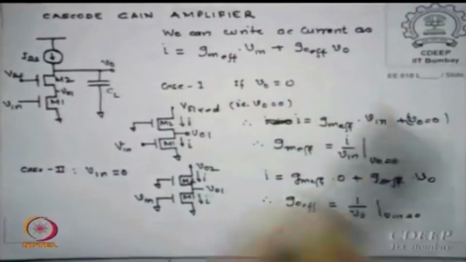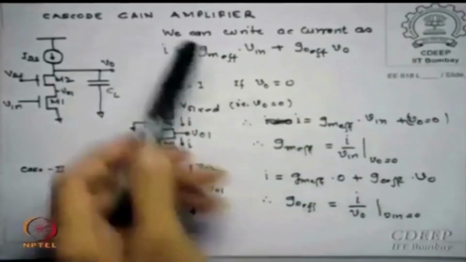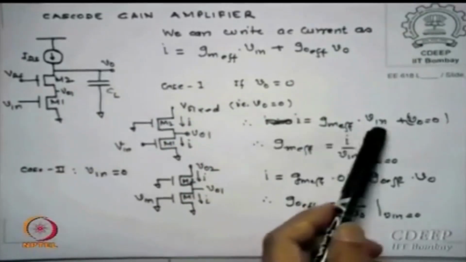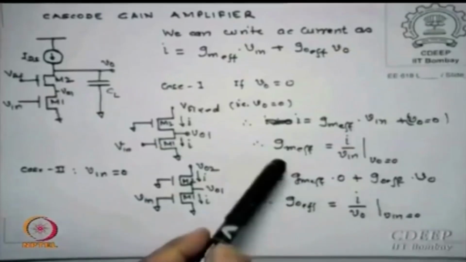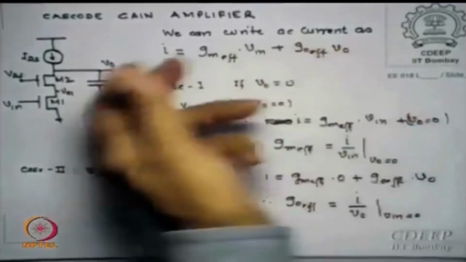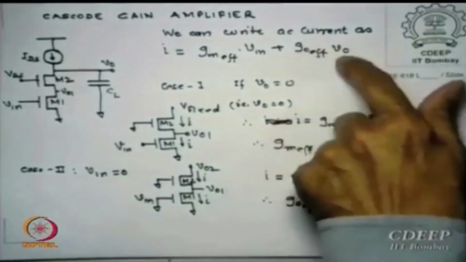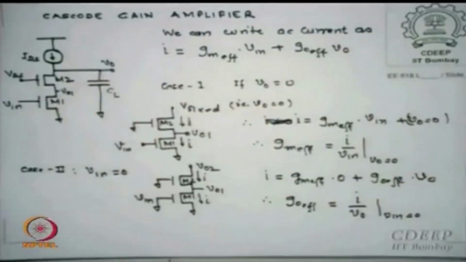So we start with case 1. I say if V0 is 0, in this expression I is equal to GM effective Vn, then GM effective is I by Vn when V0 is 0. Just substitute 0, so GM effective is I by Vn when V0 is 0.